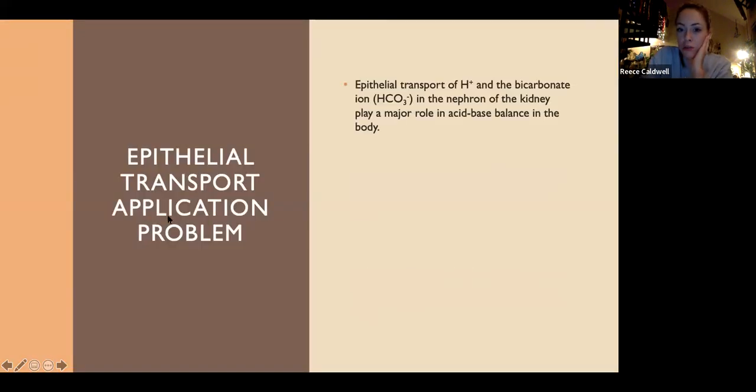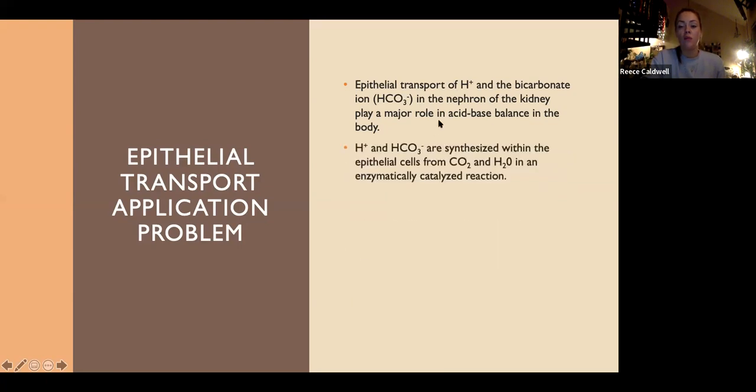So this first problem is talking about the transport of hydrogen and bicarbonate in the nephron of the kidney. So what we see is that the transport of hydrogen and bicarb play a major role in the acid-base balance of the body. Hydrogen and bicarb are synthesized or created within the epithelial cells from carbon dioxide and H2O in an enzymatically catalyzed reaction.